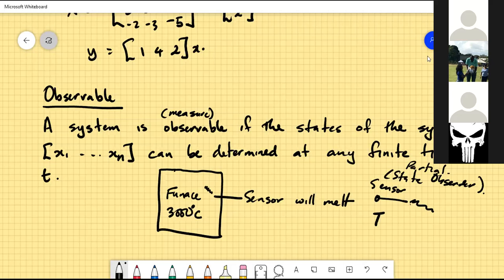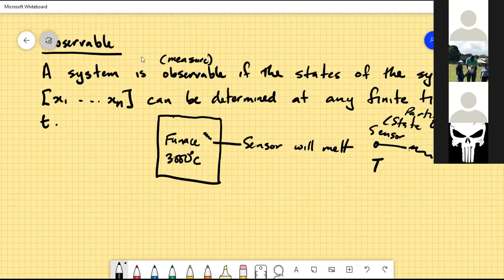So observability is also key in our calculations for controlling a system.